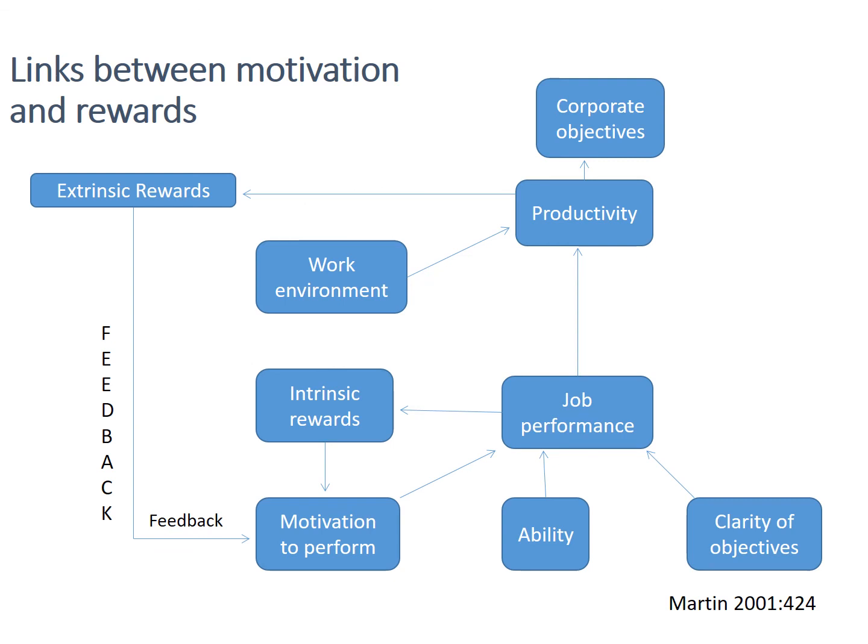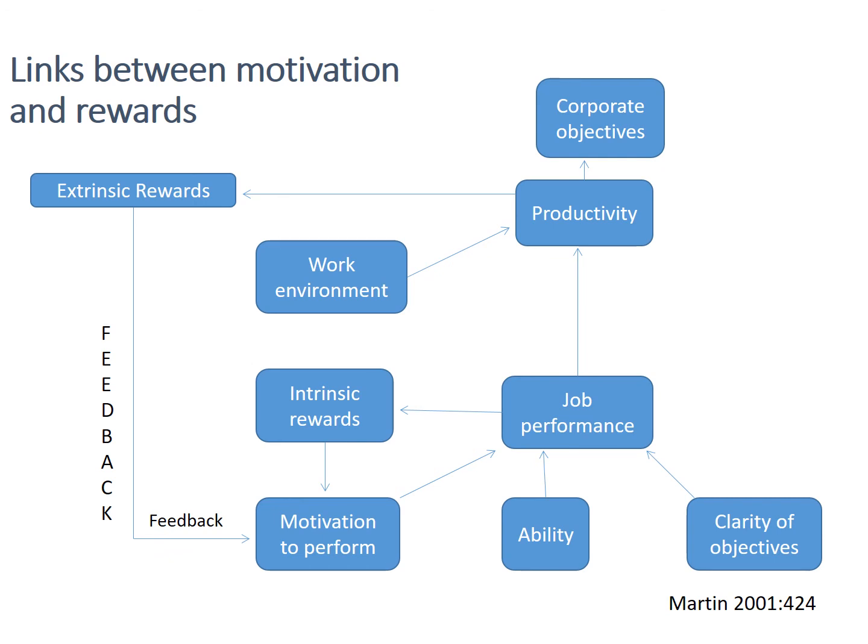So, links between motivation and rewards. At the top you've got your corporate objectives and your productivity to achieve those corporate objectives. But what makes you really productive? What makes you go over and beyond to want to do more to achieve those corporate objectives? Well, you've got extrinsic rewards. You've got the work environment that you could enjoy, the job performance.